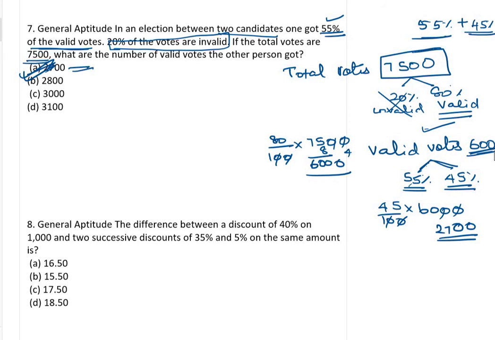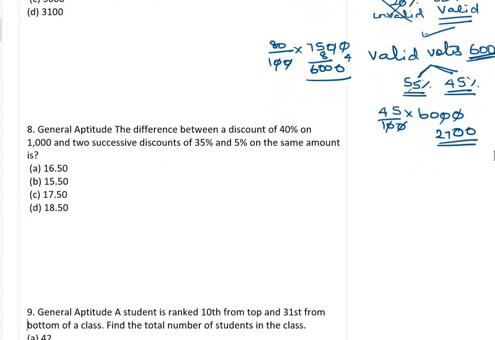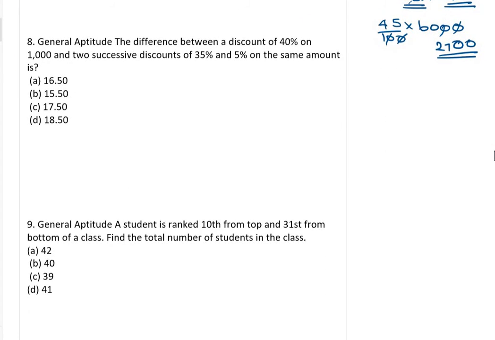Come to the next question. Find the difference between a discount of 40% on 1000 and two successive discounts on the same amount.